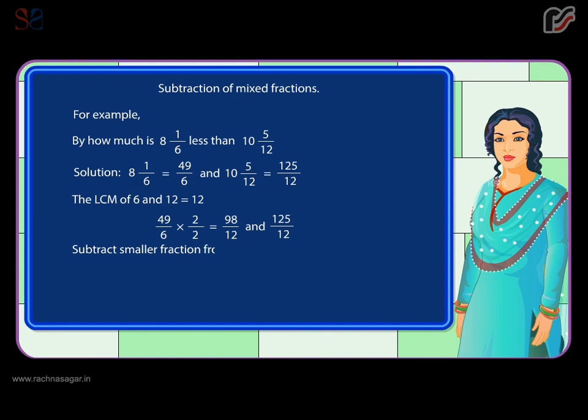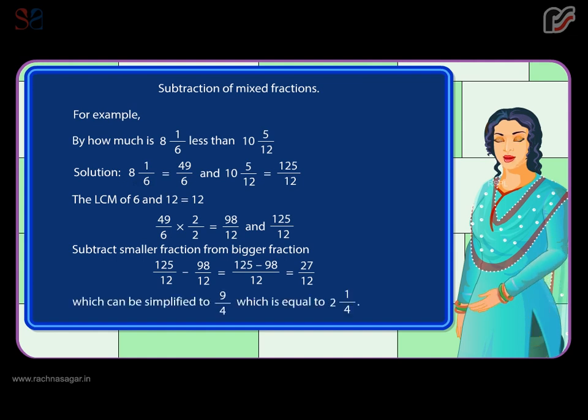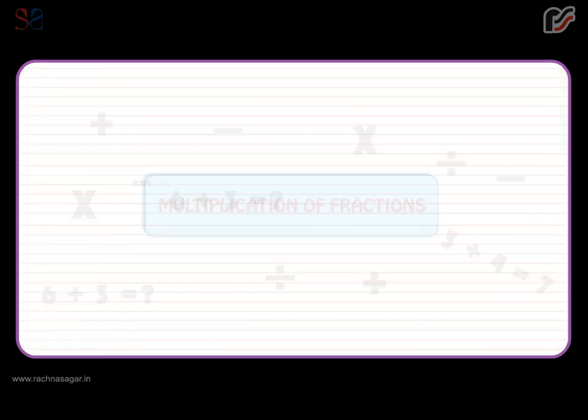Subtract smaller fraction from bigger fraction. 125 by 12 minus 98 by 12 is equal to 125 minus 98 whole divided by 12 is equal to 27 by 12, which can be simplified to 9 by 4, which is equal to 2, 1 by 4.